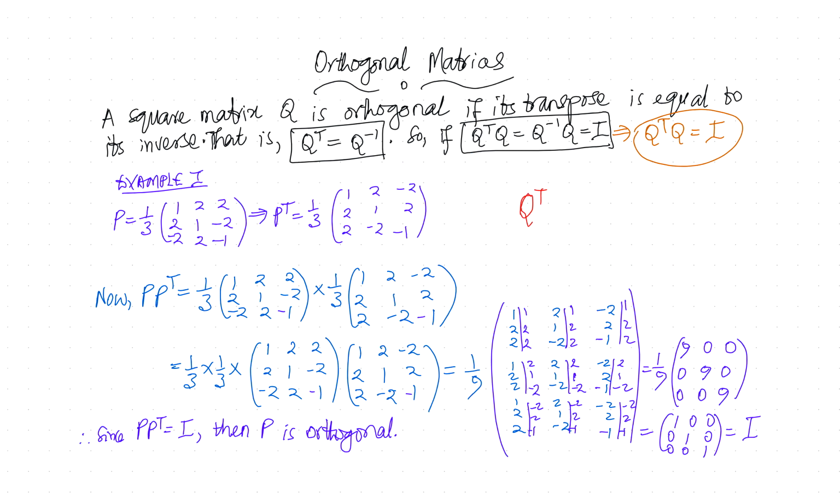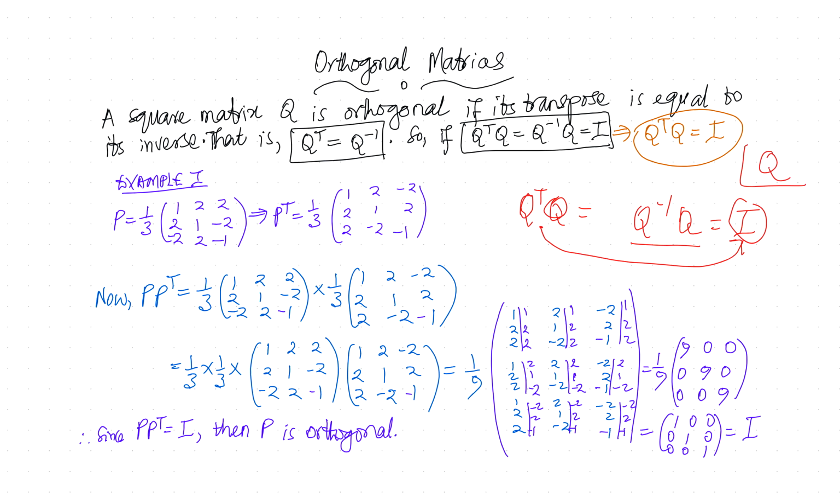We already know that if you multiply a matrix by its inverse, you end up getting the unit matrix. So if you multiply this inverse by Q, of course, it means you have to multiply this one by Q. And since Q inverse Q is going to give you the unit matrix, you can say that if Q transpose times Q gives you the unit matrix, then that is establishment of the fact that Q is actually orthogonal.